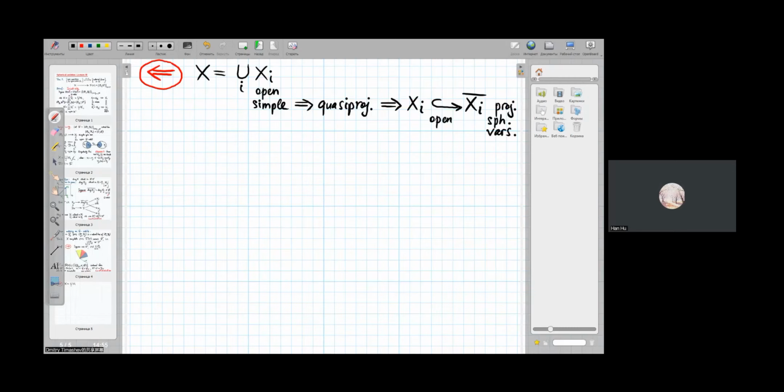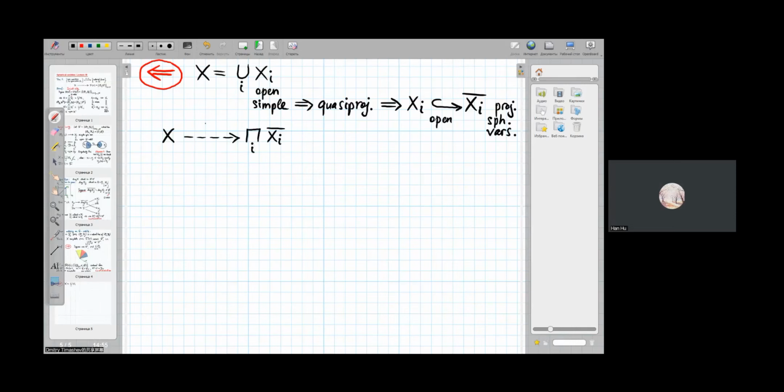Now we have a rational map, again extending the identity map on the open orbit, from X to each of the X_i bars. And therefore, we have a rational map to the product of all X_i bars.